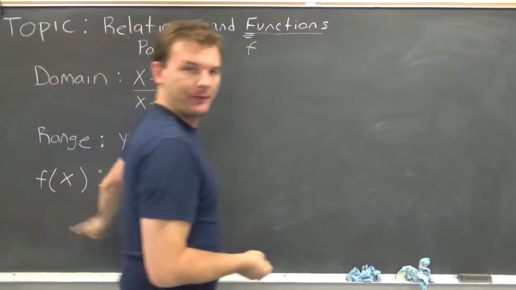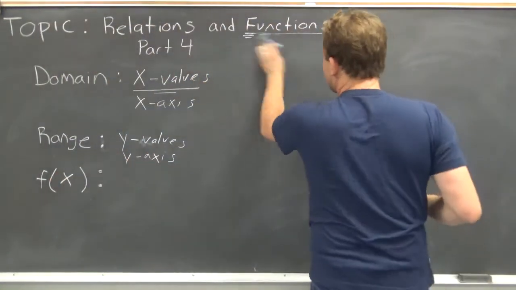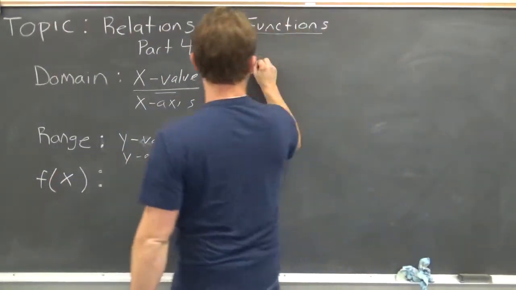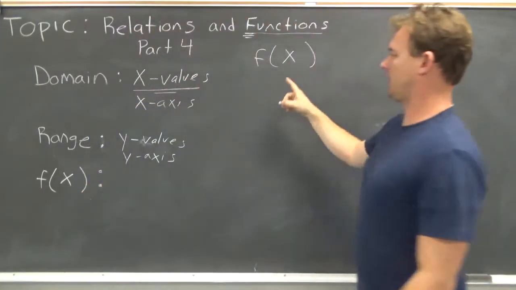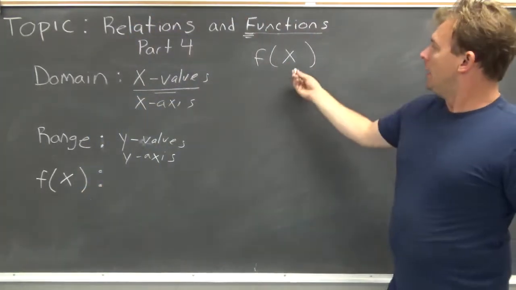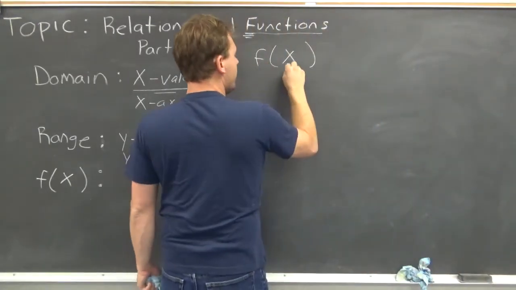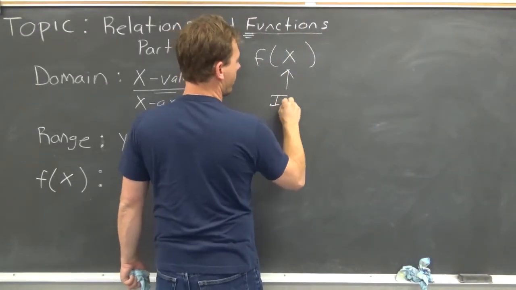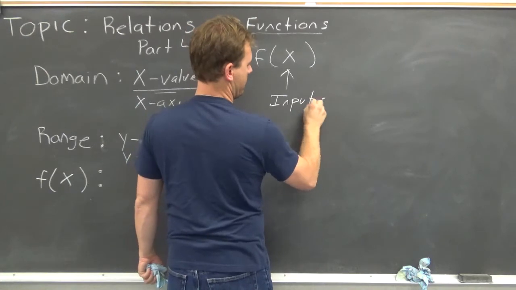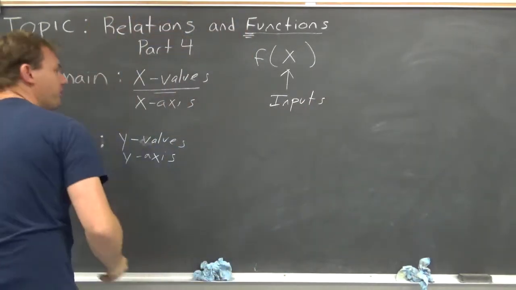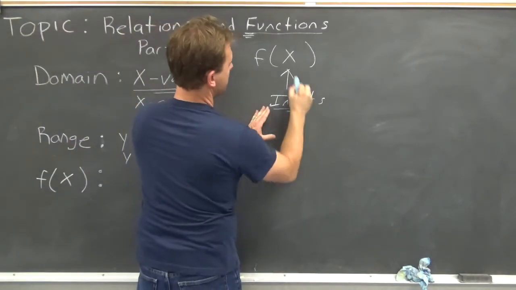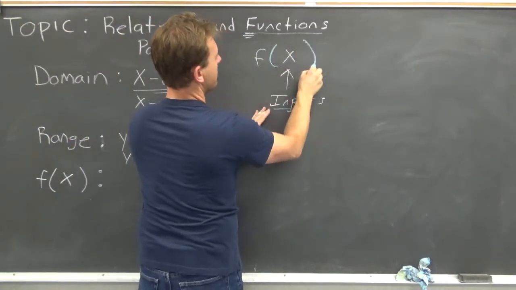So I'm actually going to put this up here. This is kind of what we're doing. This here is what we're going to put inputs in. So what I'm trying to show you is that our inputs are going to be in here.